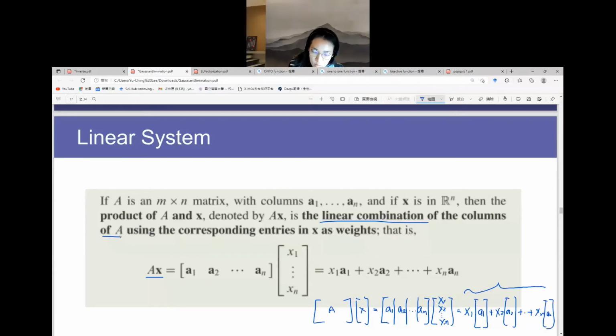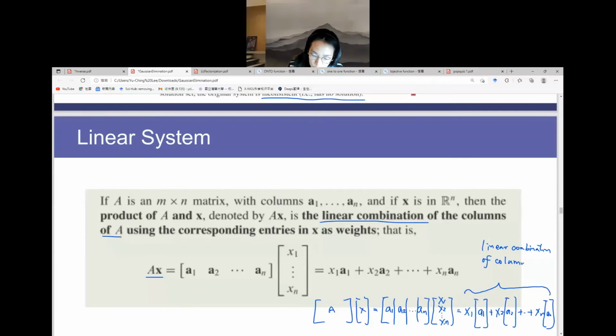And this expression is called a linear combination of the columns of A. Or I say it's a linear combination of the collection of a1, a2, and an vectors.